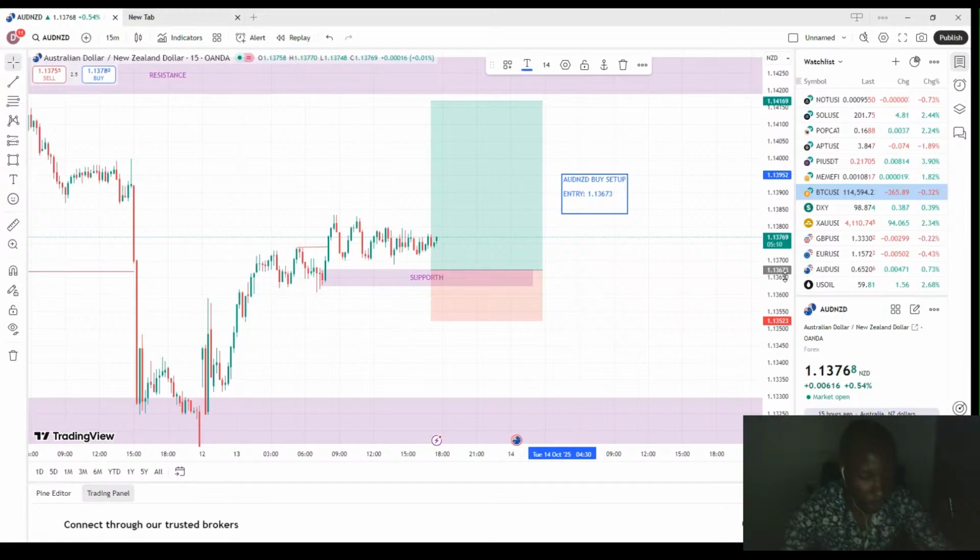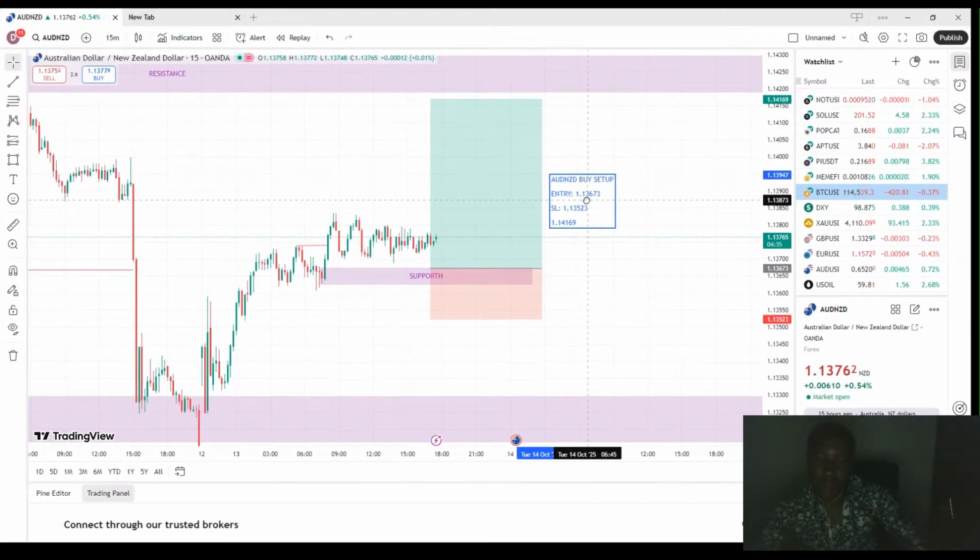Our stop loss is 15 pips, which is 1.13523, and our take profit is 1.14169, which is three to one reward.